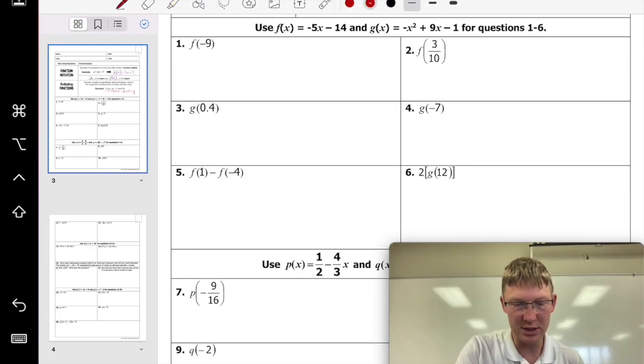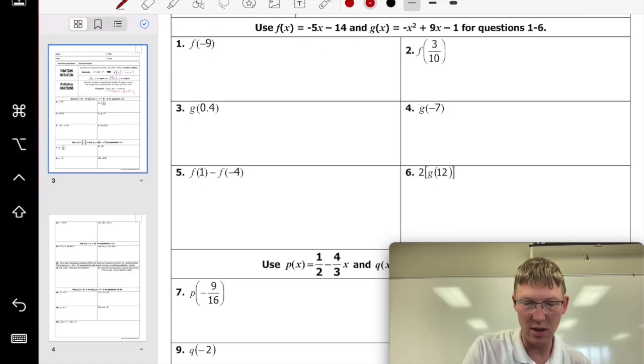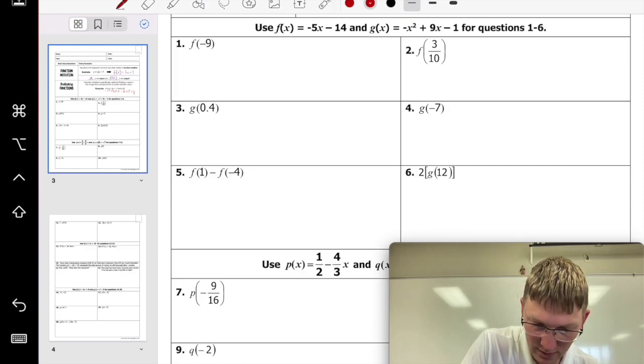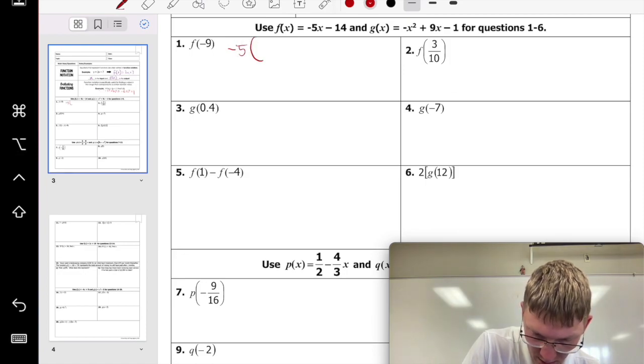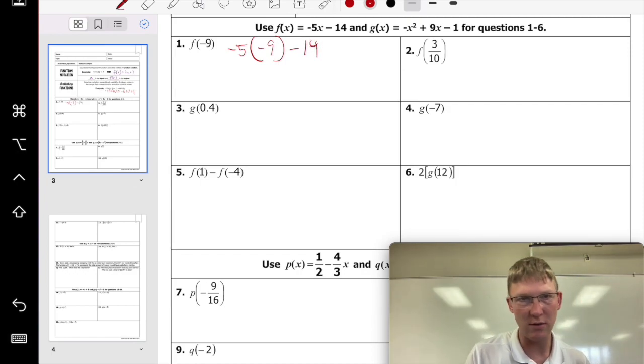So basically, we're just taking this number and plugging it into this equation. It's kind of all we're doing. So f of x equals f of negative 9. That's going to look like negative 5 times negative 9. I'm just plugging it in where I see an x. Then you solve that normally.